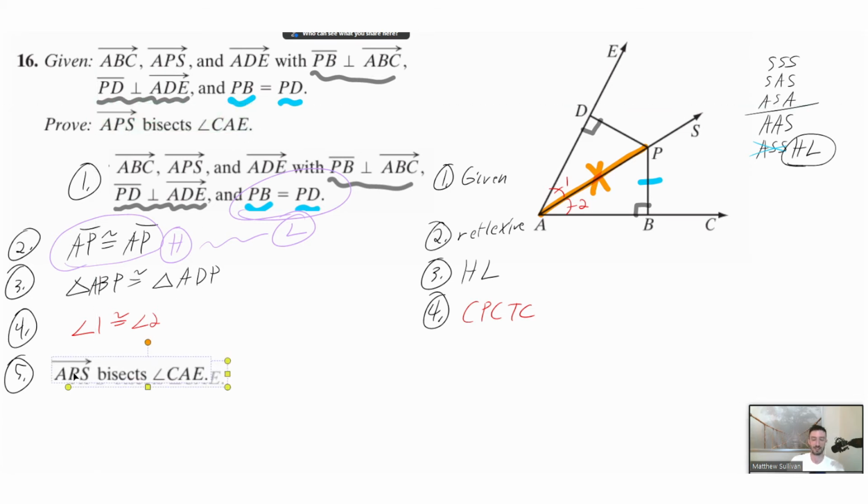Oh, it would mean that that line does bisect it. Why? Because it's the definition of a bisector. Exactly. It fits the definition that your bigger angle gets split into those two equal angles. So if you have those two equal angles, that means that AP is a bisector.